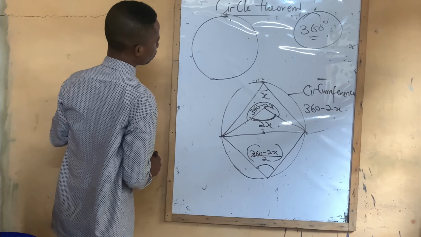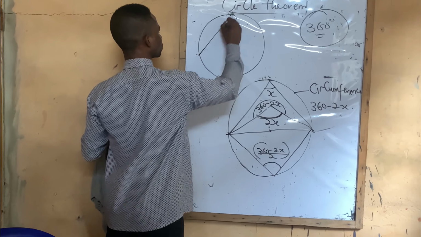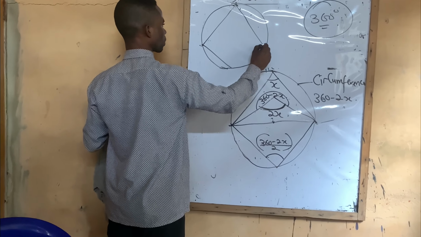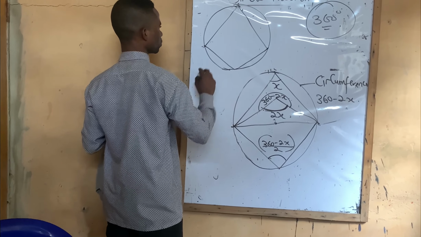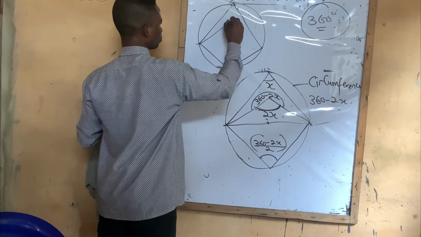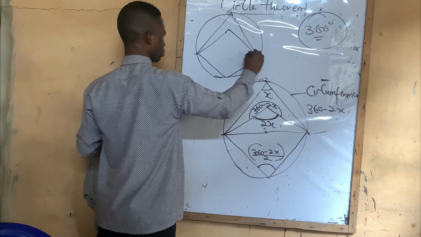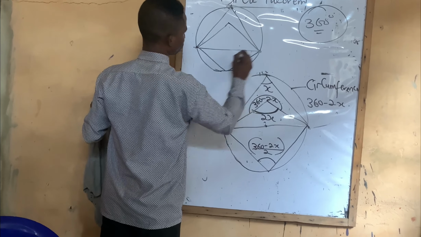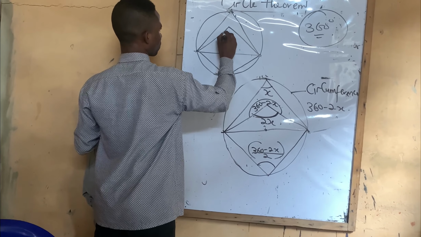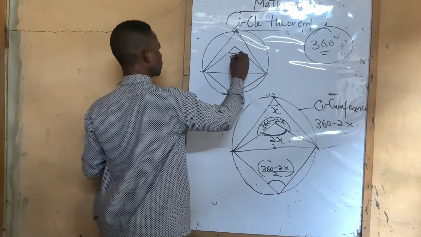Now let's take a look at this thing I'm going to draw on the board. Let's say we are having something like this. Circle theorem. Let's say they give me 80 degrees.